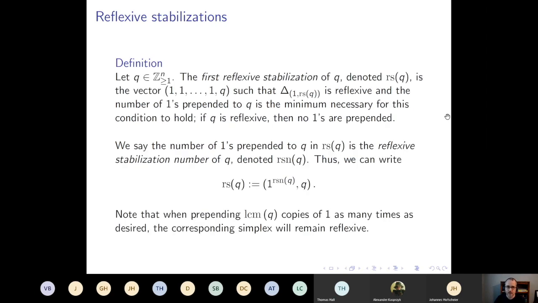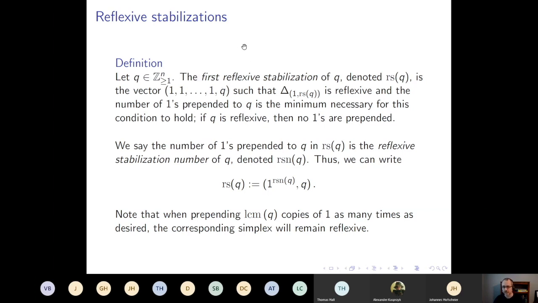And we realized we can take any vector of weights, whether or not it corresponds to a reflexive delta 1 Q, and make it reflexive by just appending enough ones that the division criteria holds.